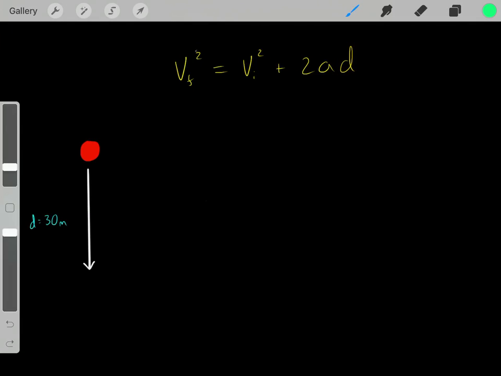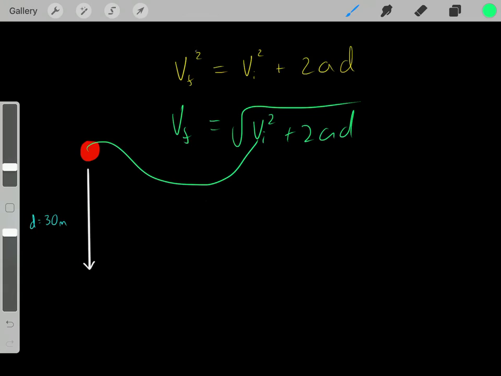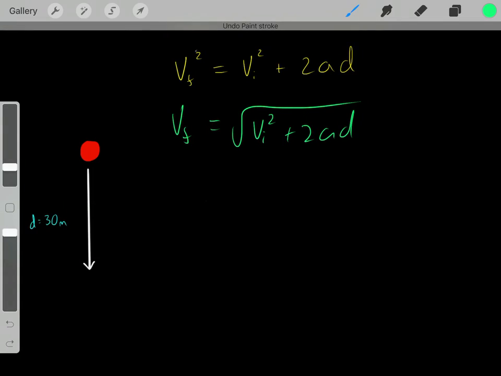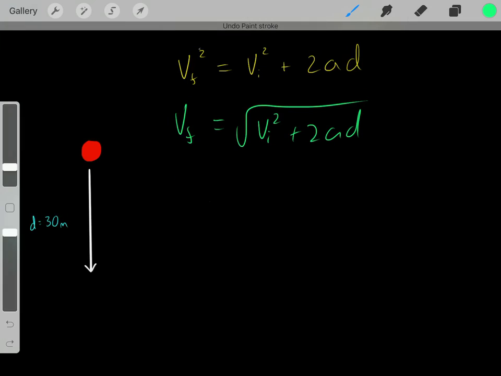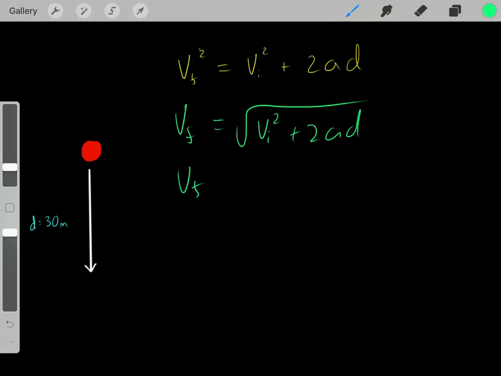Just doing some rearrangement, we take the square root of both sides. We would have the final velocity equals the square root of the initial velocity squared plus 2AD. If you plug in the initial velocity of 0 meters per second, the 2, the acceleration due to gravity, and the distance, you get a final velocity of roughly 24 meters per second.